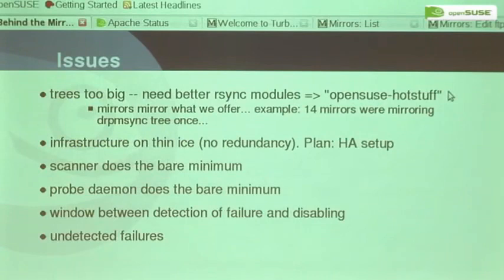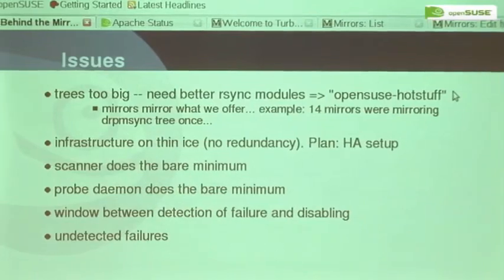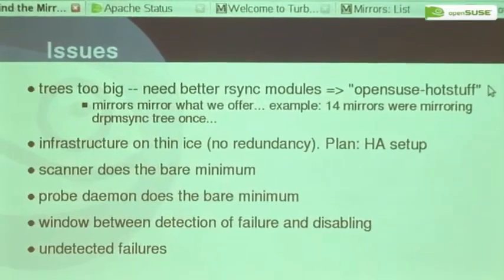So what we have with the current setup is that our trees are big, and we need to think about splitting them up more, and at least offer more fine-grained, well-thought-out modules for the mirrors to mirror from, like the 10% most popular stuff I mentioned. And we need to make sure that we don't just put more stuff into the trees and it's blindly mirrored and just fills the disk.